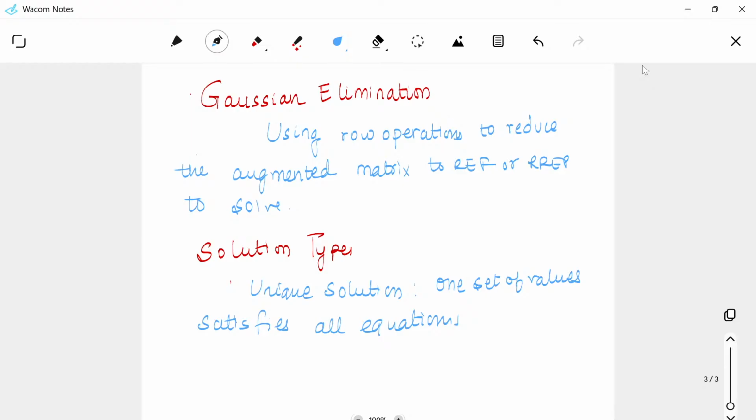So this will be like 3. If you match with this, it will be 3. Okay.